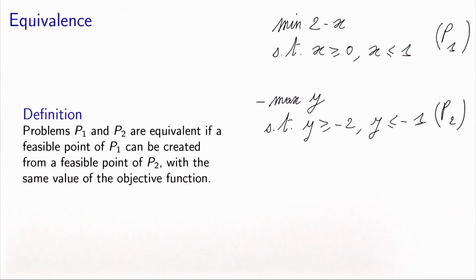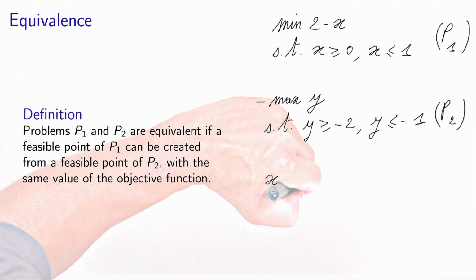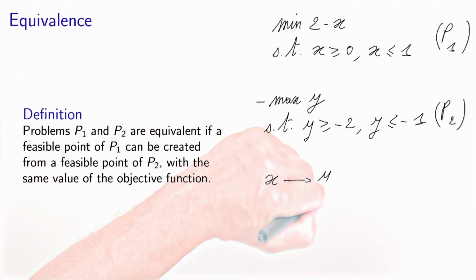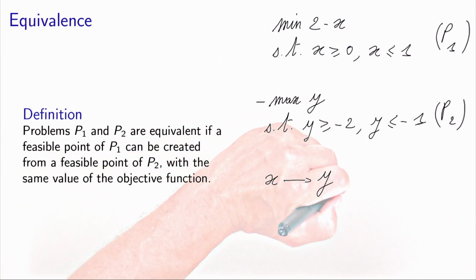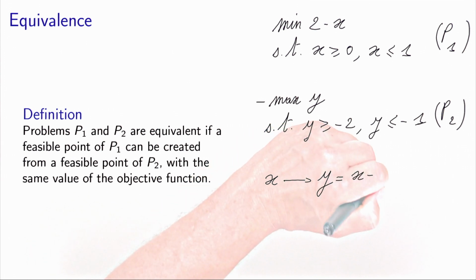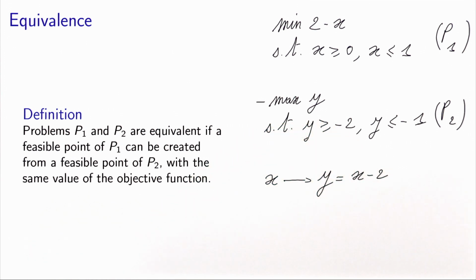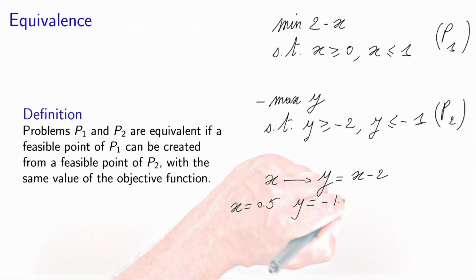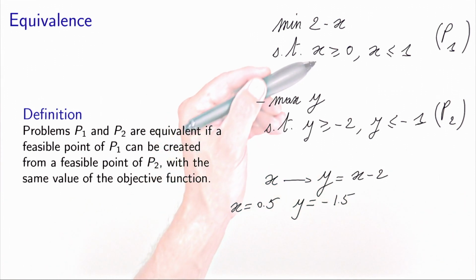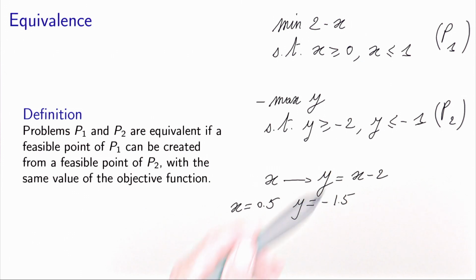Now, if I want to consider a feasible point x of P1, in order to obtain a feasible point y of P2, I need to write y equals x minus 2. So for example, if x is equal to 0.5, then y would be equal to minus 1.5. And you can verify that x is feasible for P1 and y is feasible for P2.